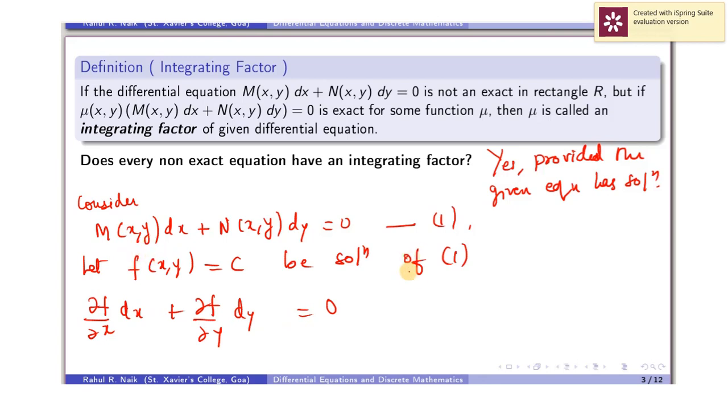So if you compare equation 1 to equation 2, this m should be equal to ∂f/∂x, and this n should be equal to ∂f/∂y.